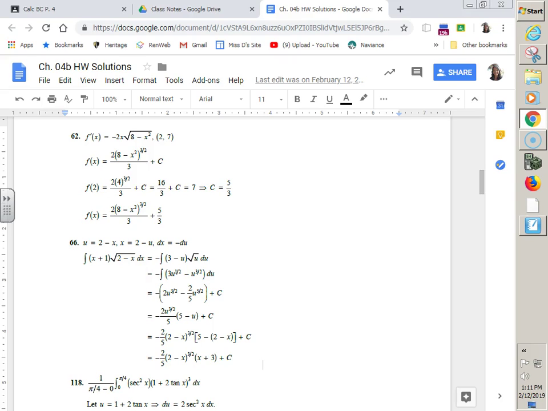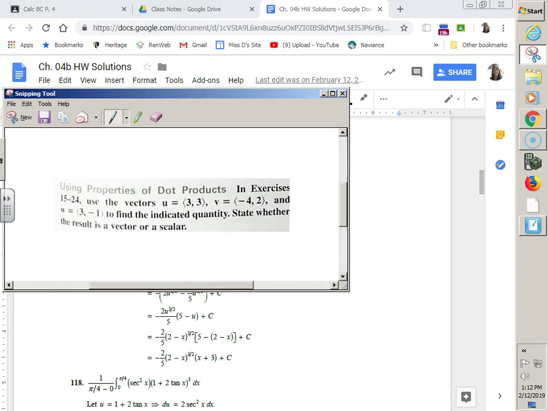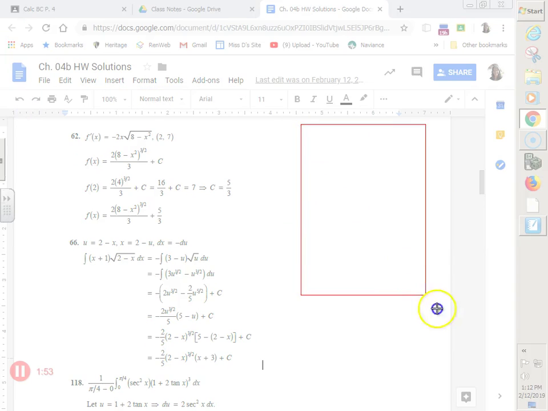No, there's no integral drawn, written, or otherwise shown, right? But what did you need to do to solve for f given f prime? Anti-derive.